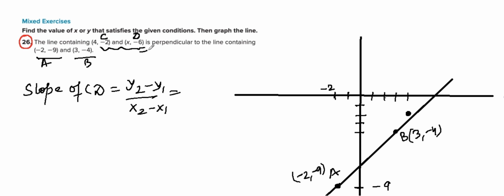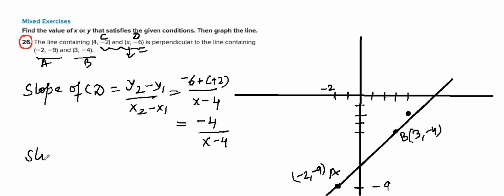So this is minus 6 minus minus 2, and x2 is x, minus 4, which is minus minus plus, so minus 4 over x minus 4. So this is the slope of CD.